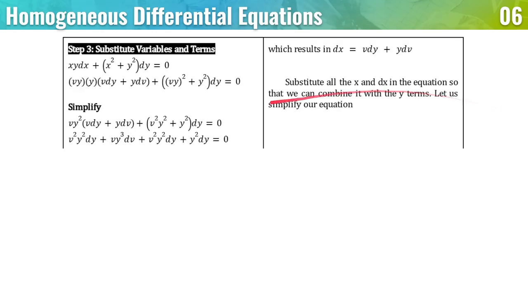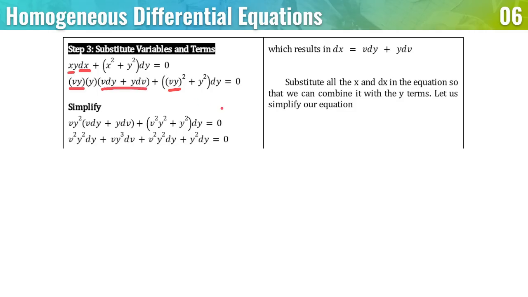So here's what I'm talking about. We're going to substitute dx with this and the x with this. So let me write it down. x becomes vy. So look for all of the x's. And then dx becomes v dy plus y dv.